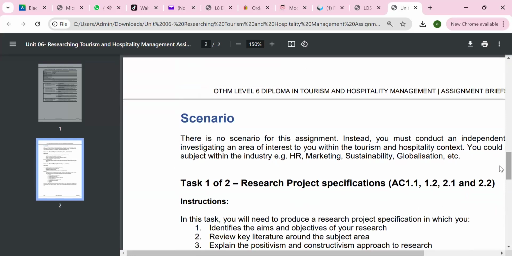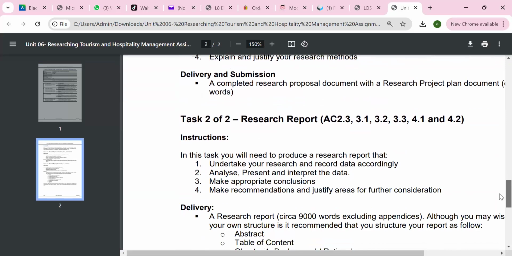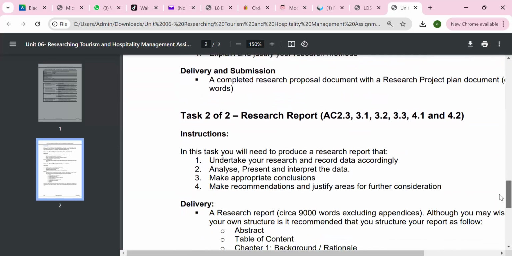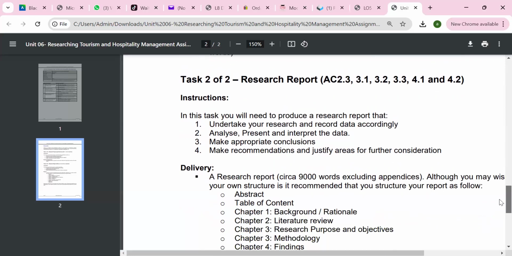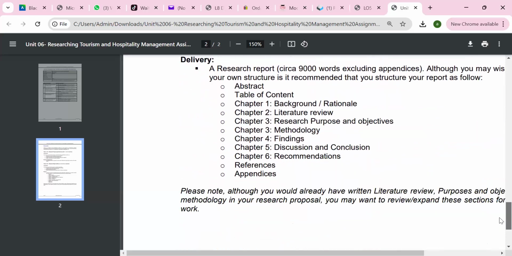Instead, you conduct an independent investigation of interest in hospitality, a subject within HR, marketing, sustainability, or globalization. We identify the aims and objectives, research literature, research methodologies, record and interpret the data, and make the conclusion and recommendation, along with the background. That's our task 1 and task 2.